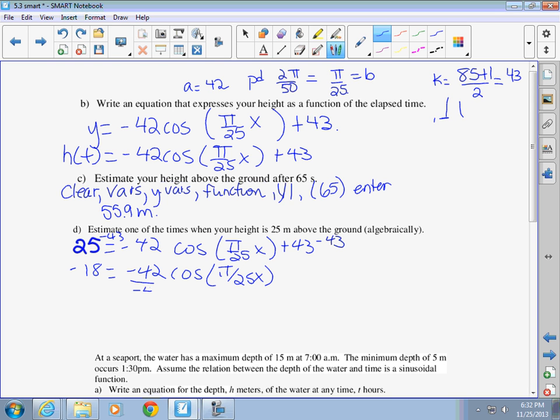Divide by negative 42. So this is 3 over 7 equals cos (pi over 25)x.